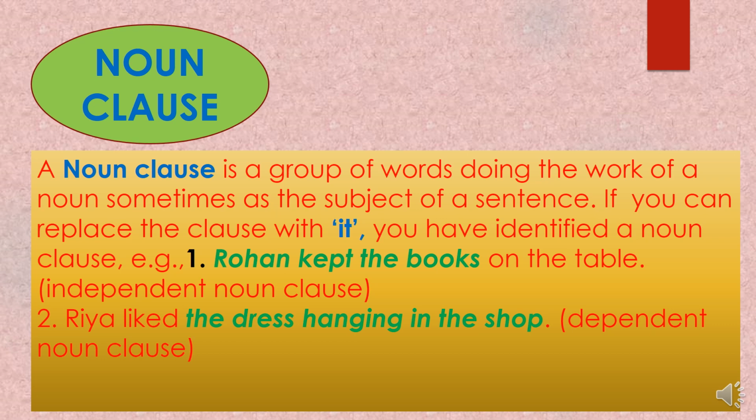So here the clause, the dress hanging in the shop, is a dependent noun clause because it is depending upon the first part of the sentence, and it is a noun clause because it can be replaced by "it". It is working as a noun because the dress is a thing, so it can be replaced by "it".